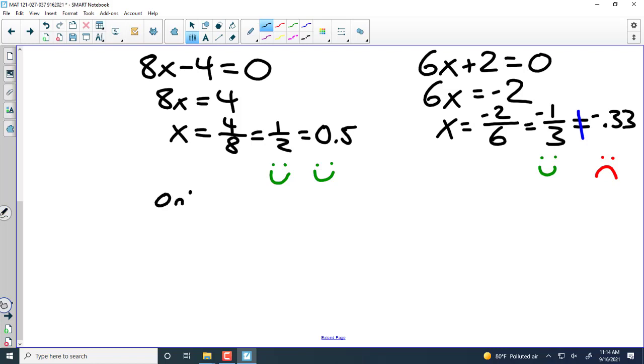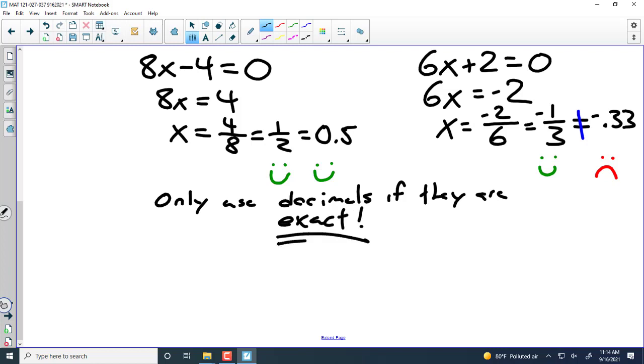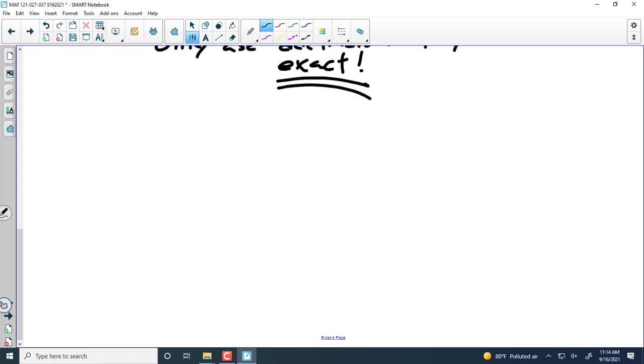So only use decimals if they are exact, not approximations. All right, now find the zeros. Maybe there's just one, so find the zeros.